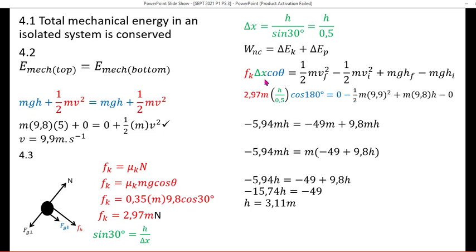It is equal to half m v final squared, that is the velocity at the top, minus half m v initial squared, that is the velocity at the bottom, plus m g h final, the height at the top, minus the height at the bottom.